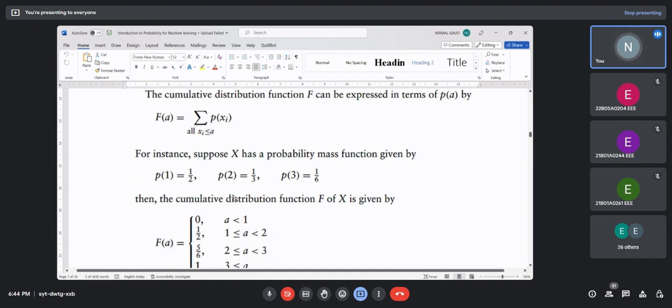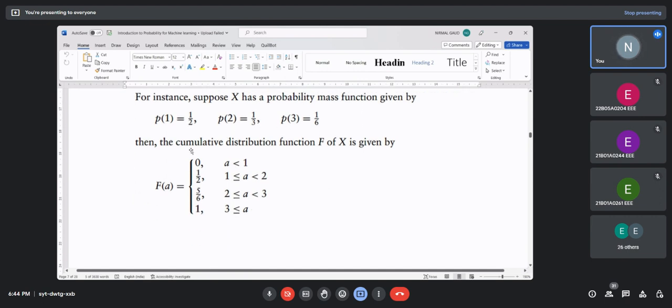All right, for instance, suppose that x is having a probability mass function given as p(1) equal to 1 by 2, p(2) equal to 1 by 3, p(3) equal to 1 by 6. So here is the cumulative distribution function. Okay, that means for a less than 1, I'm going to have a value 0. For a between 1 to 2, this is the value which I got.